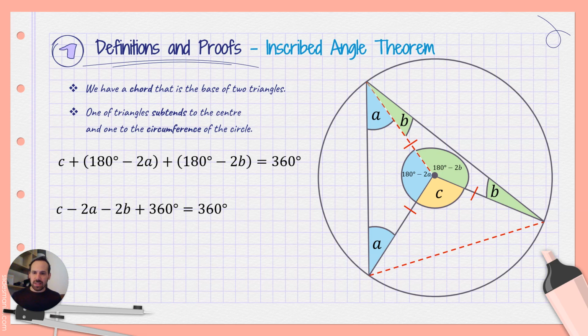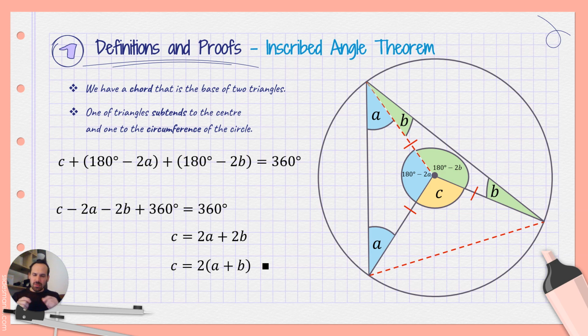If I expand out those brackets, collect together my number terms, and subtract that from both sides, I've got C is equal to 2A plus 2B. So C is equal to 2 lots of A plus B by just factoring out the 2. So that's end of proof, because we've shown there that that angle at the center is double the angle at the top.